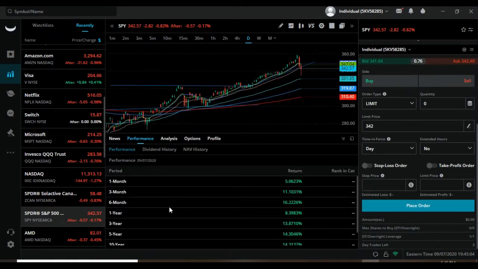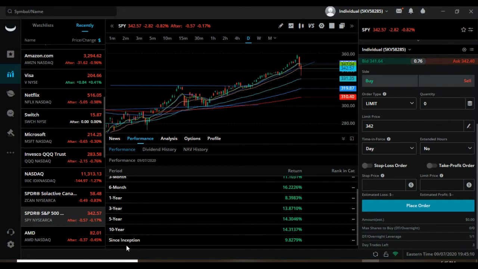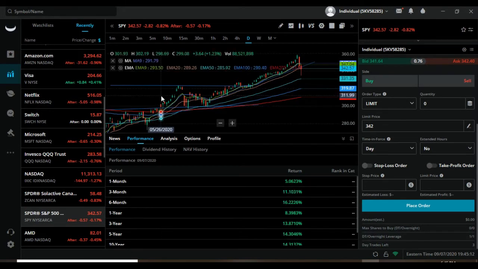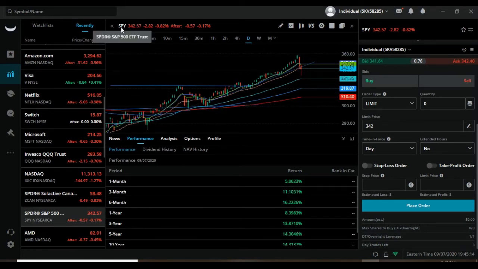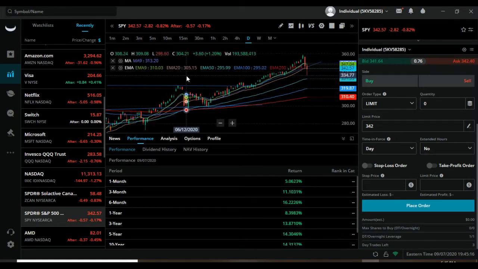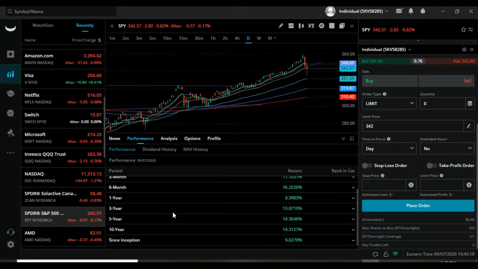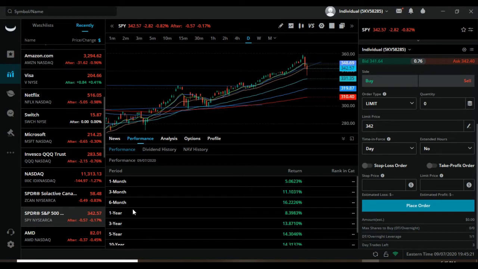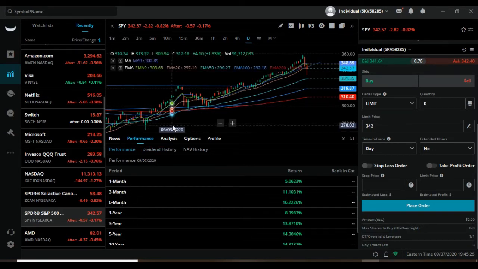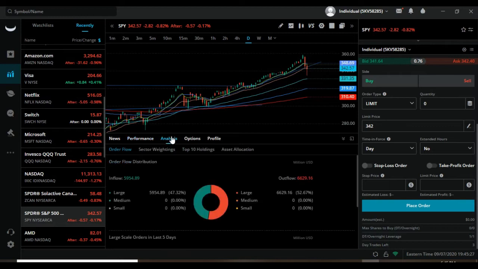Oh, you do have the performance tab here on the bottom, which is a really cool indicator because this lets you know how this particular stock has been performing. So if you were to buy the SPY, which is the ETF for the total S&P index, pretty much the total market, this is how much money you would have made buying and holding it for this period of time. Again, I can't stress enough the importance of buying and holding.